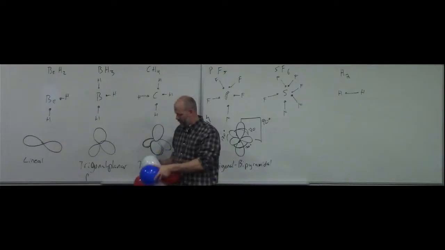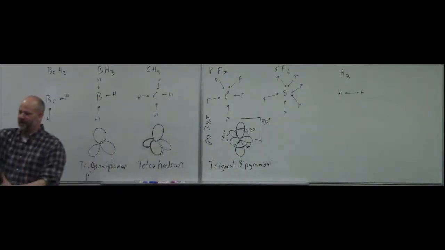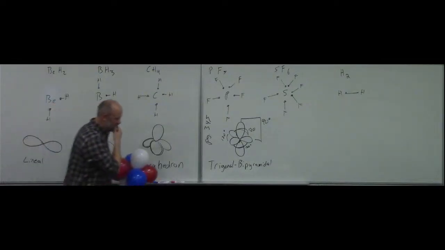That was nice, you can see that clearly, right? The two white ones form an axis, right? And these other four are in a plane together, right? The two white ones are 180 degrees away from each other. These are 90 away from each other, and these are 90 away from each other, right? Okay, so that one's a little easier.